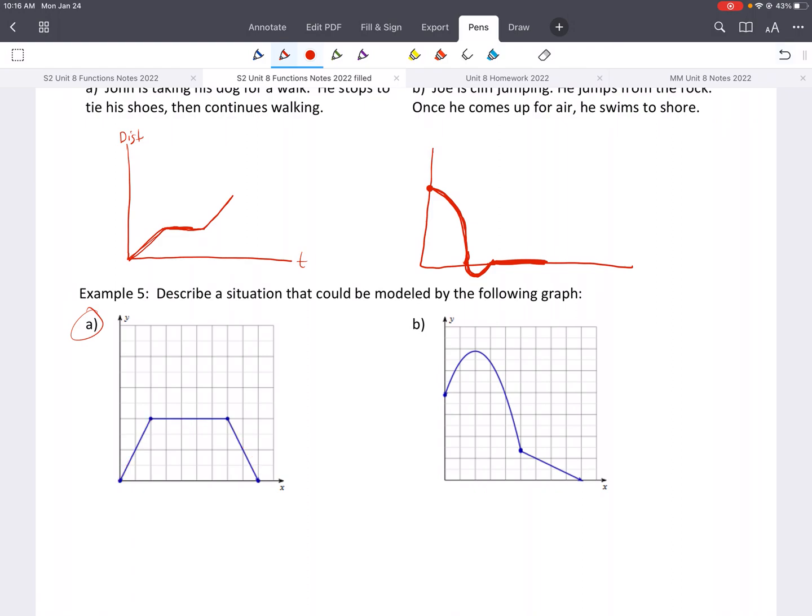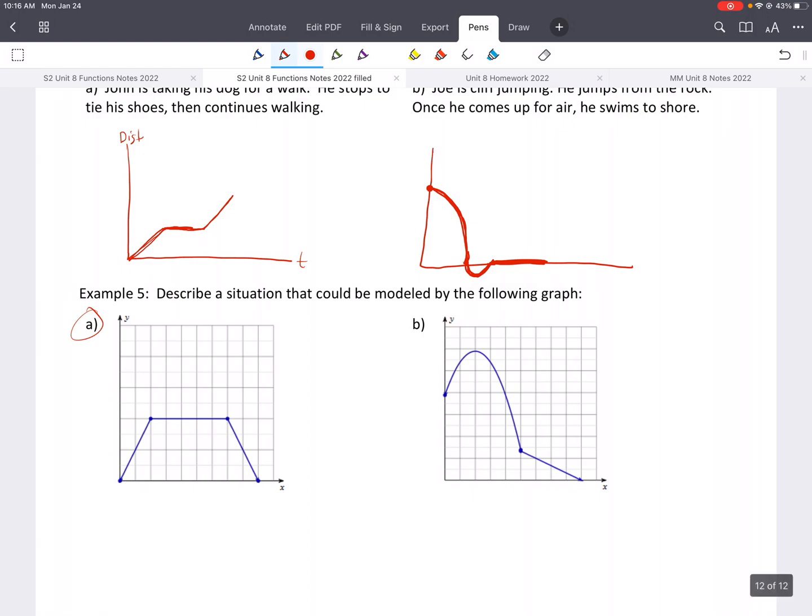Another could be an oven. You preheat the oven. You cook something for a while. You turn off the oven and it goes down. You could walk to a park and you sit for a while and then you walk back home. So lots of different things that you could write. Why don't you give B a try? I'll leave that one out for you.